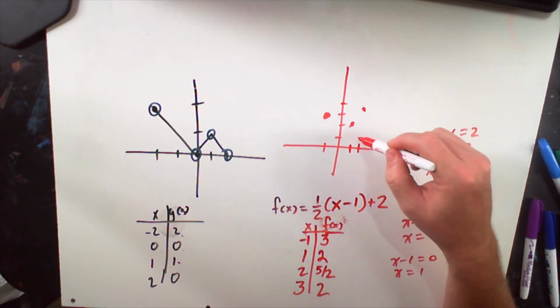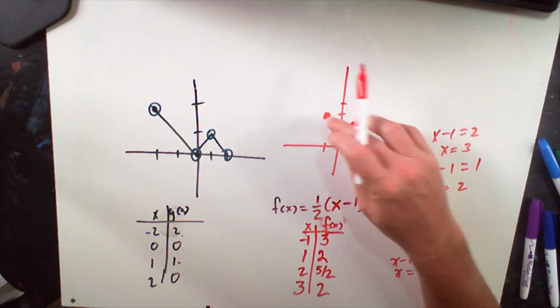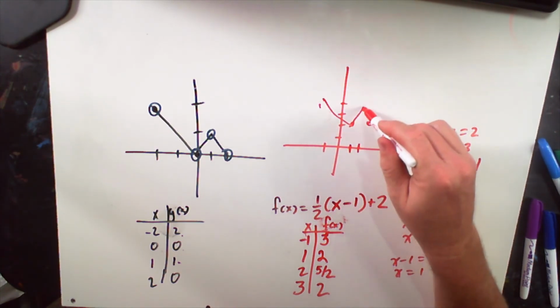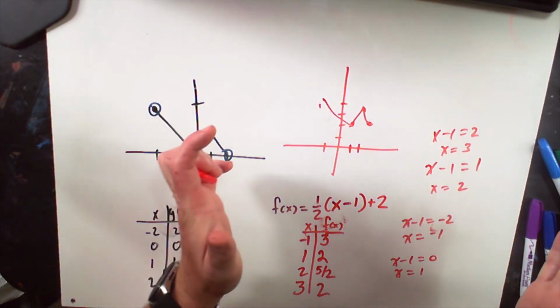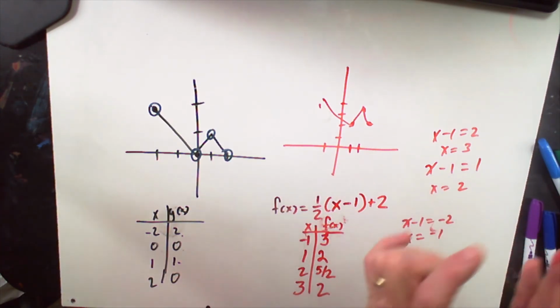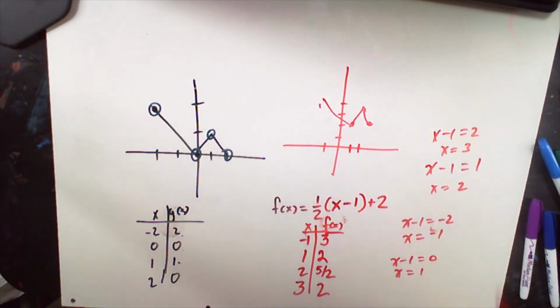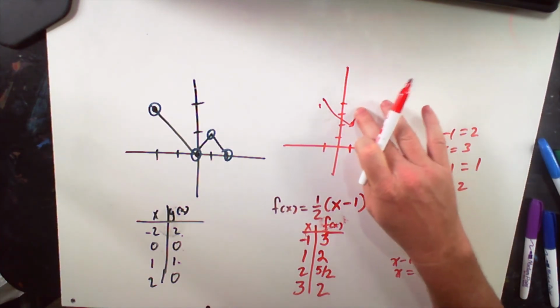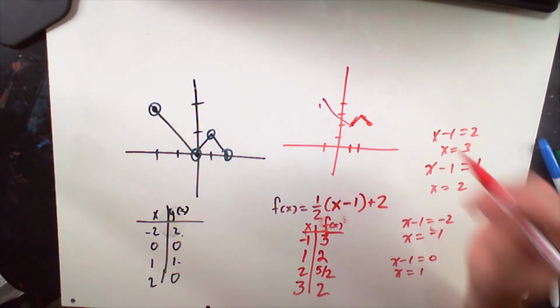And then 2 again. And so this thing has been horizontally compressed and moved to the right and up, but it still has the same basic shape that it had before.